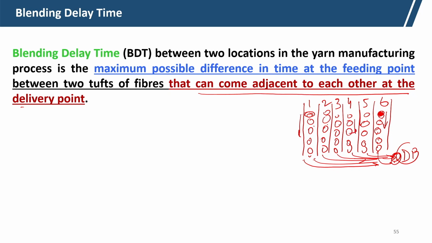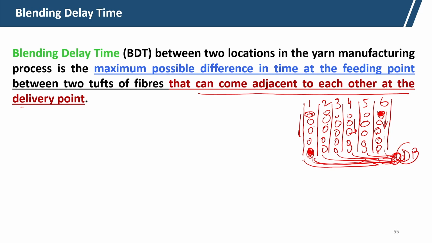So, this fiber will take a certain time to come, but here is another fiber, it is also trying to reach here. If you see, this fiber is coming vertically to reach the delivery point, whereas this fiber bunch is coming to reach there.